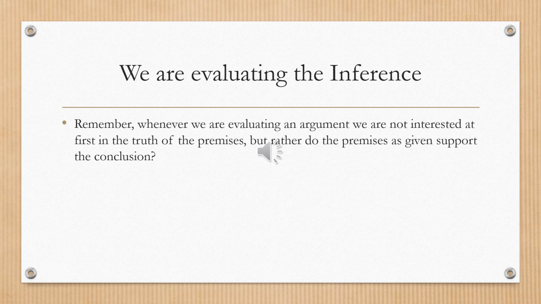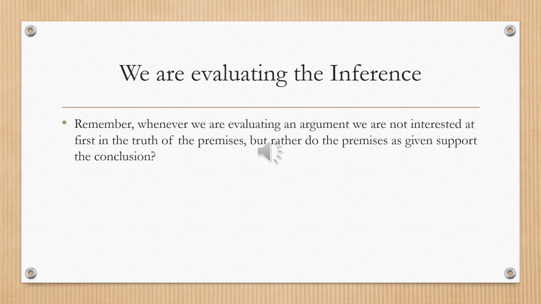Now, I don't want to beat this point into the ground, but it really, really is important. So I do want to emphasize that you have to keep in mind we're not evaluating the statements in the argument. We are evaluating the inference of the argument, meaning not whether or not the premises are true, but if we accepted the premises, would they support the conclusion?